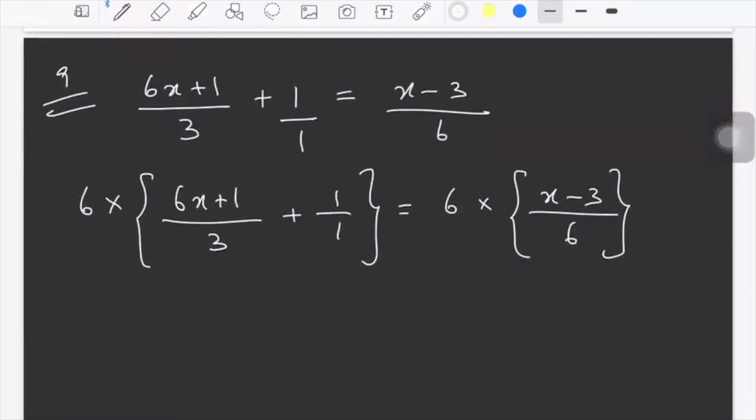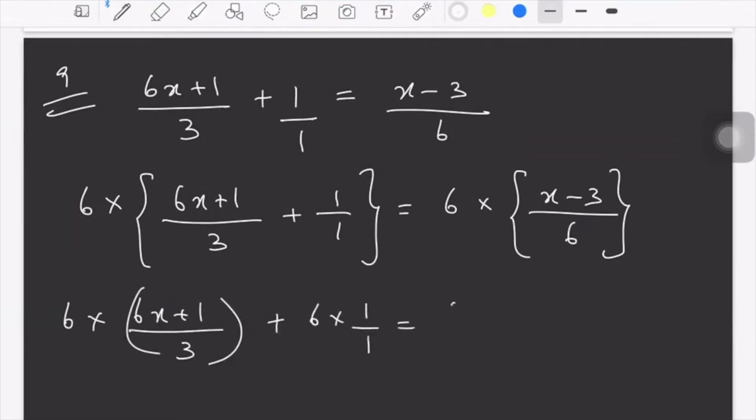Now, the 6 can be distributed. In the RHS, the 6 directly goes away. So this directly becomes x minus 3. Here 3 and 6, it's 2.